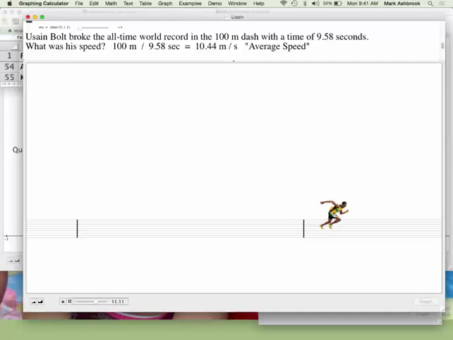Because how many speeds did he run? All of them. How many is that? A lot. I mean, you're telling me his speed is changing. Well, he ran many speeds, like an infinite number of speeds. So we can't add them up and divide by the number of speeds. Doesn't work. So we're trying to make sense of this number, 10.44 meters per second.